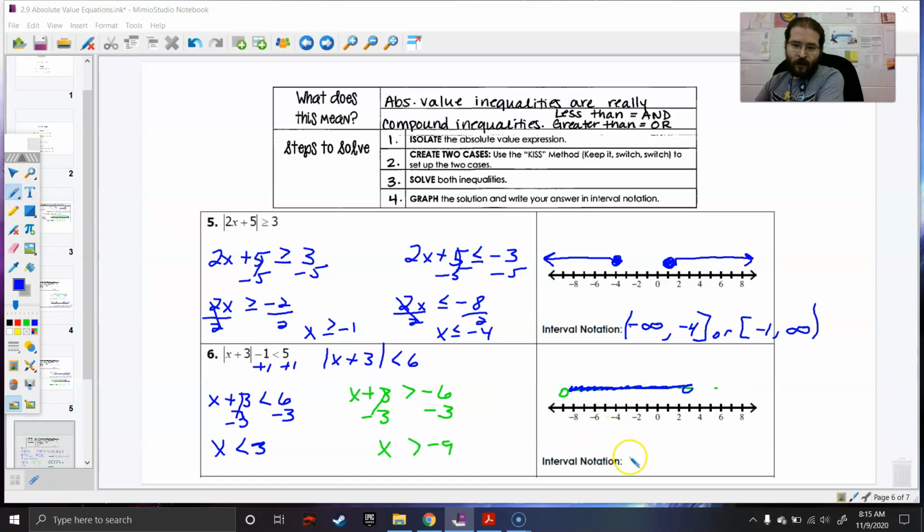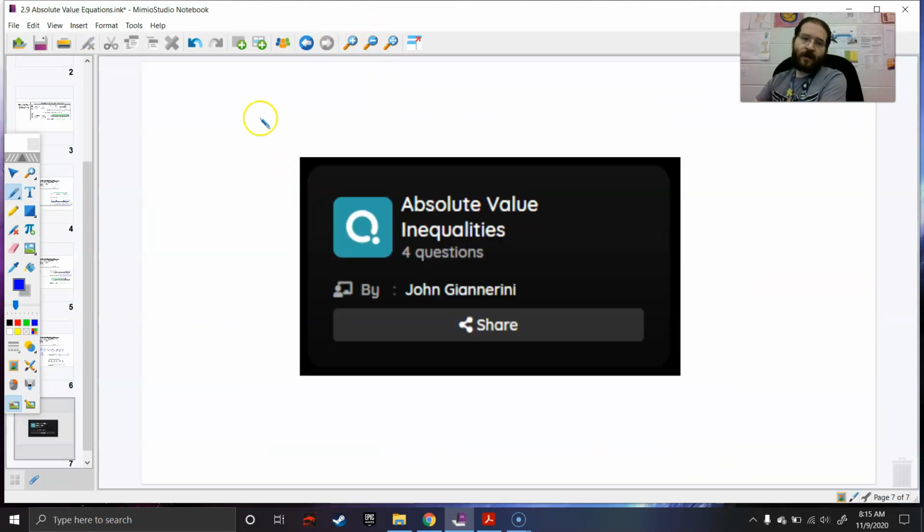All right, interval notation, so we have negative 9, 3, and then we're going to put x inside it. Done.